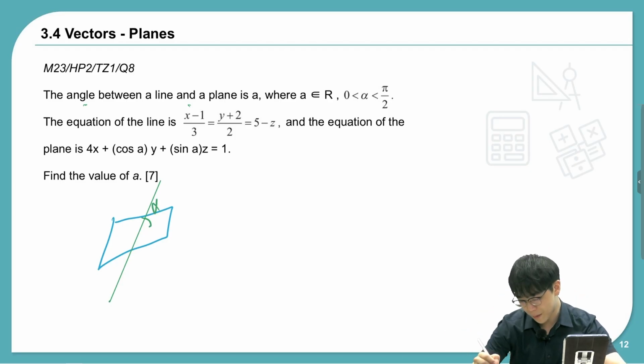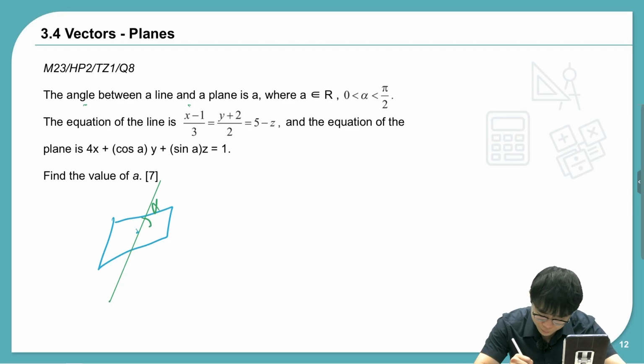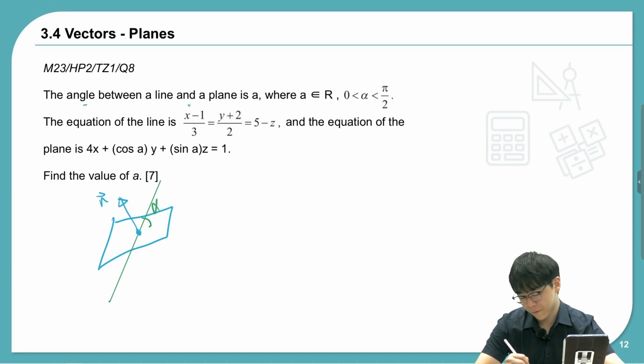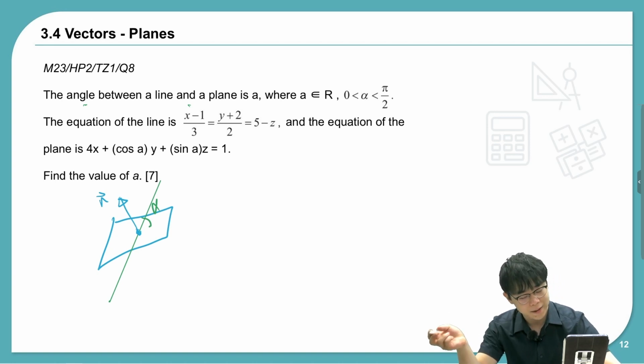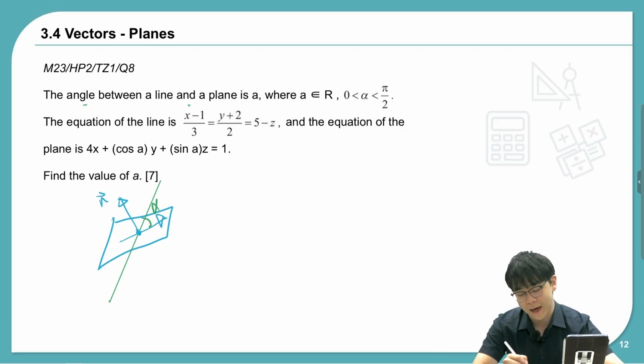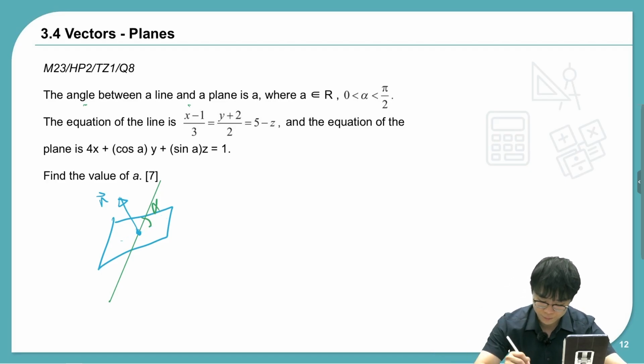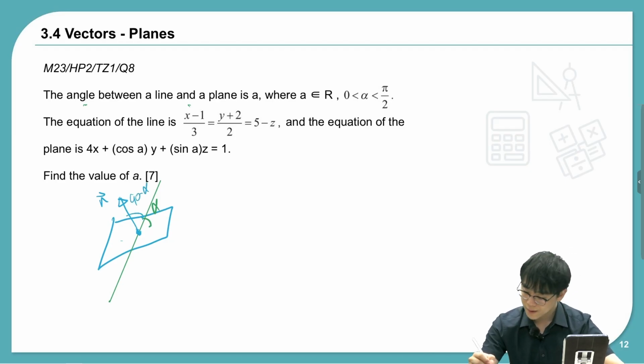But with a proper understanding of vectors, you know what's important is that we have a normal vector, n, right? So oftentimes, instead of trying to find the angle between the plane, a line on this plane, and the actual line here, it's often more beneficial to try finding the angle between the normal vector and this line. So this would be like 90 minus alpha, right?